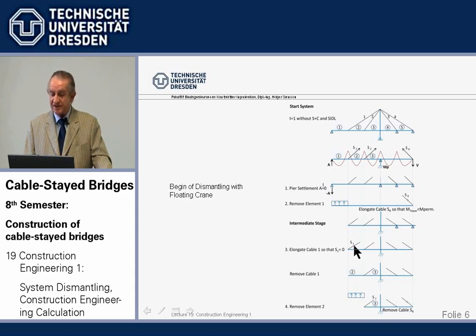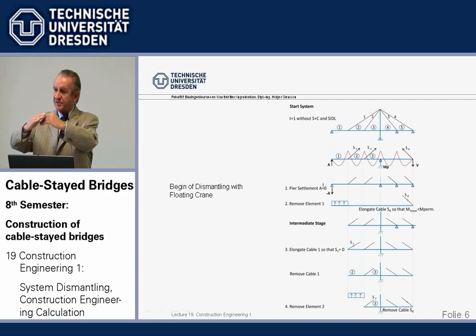Then, next step, we elongate this cable by such an amount that the cable force under this permanent load stage becomes 0. Elongating the cable, you understand, in Germany we would say, for example, spreizen.